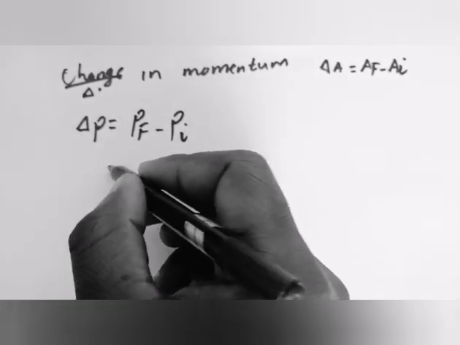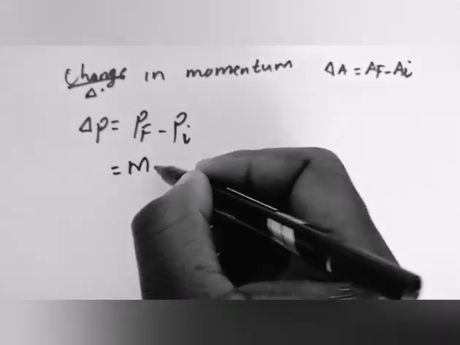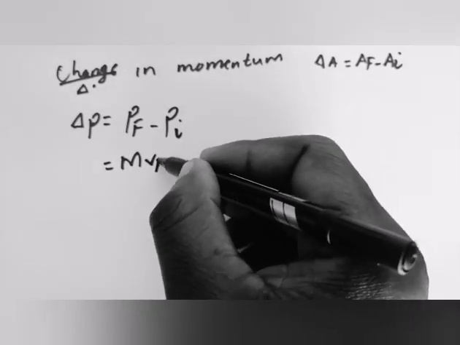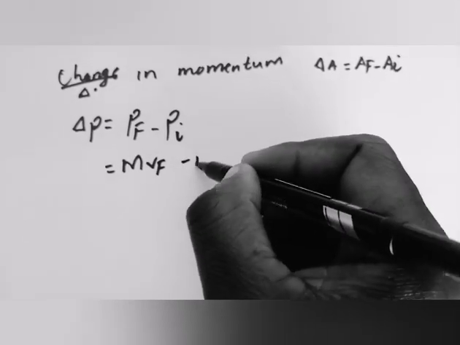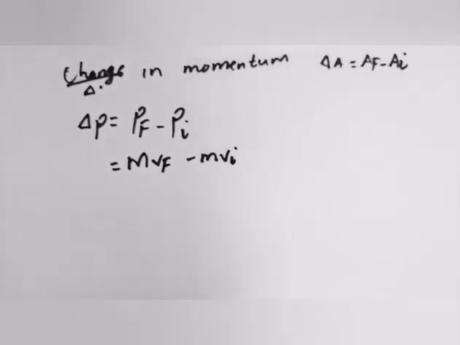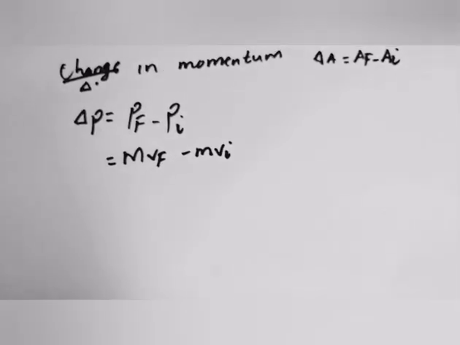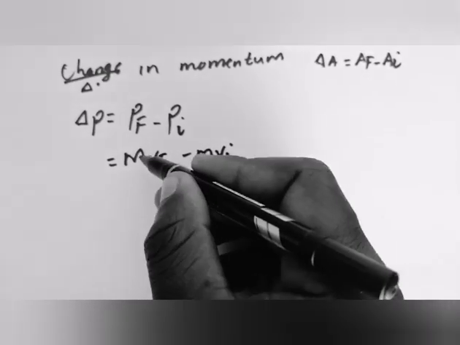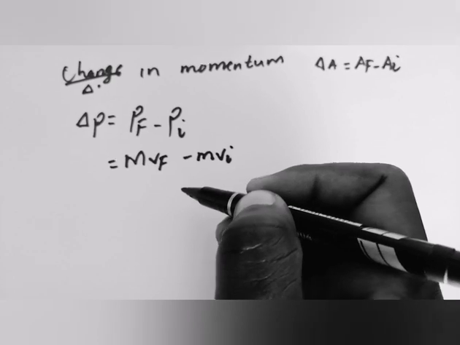So it will be mv final minus mv initial. In mathematics, your teacher taught you about something known as the common factor, which is m and m.